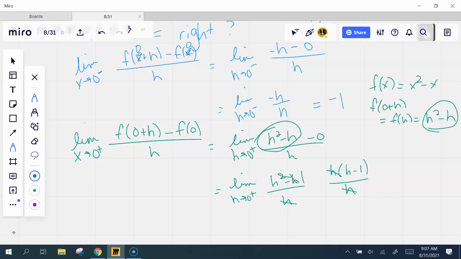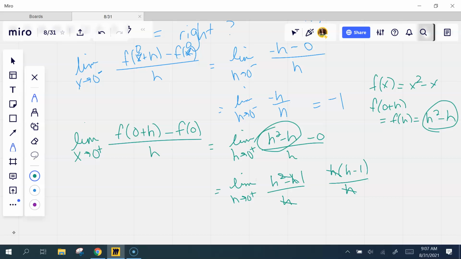You have to plug that in after you plug in the 0 for x. It's just less work this way. If you kept the x in there, you'd end up foiling out, and then you'd end up putting 0 in. You can only do that though because it was 0, right?